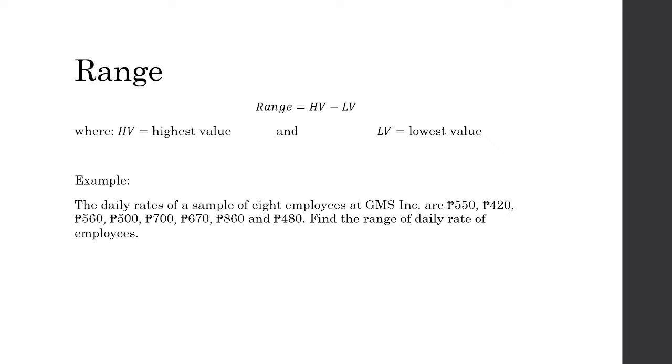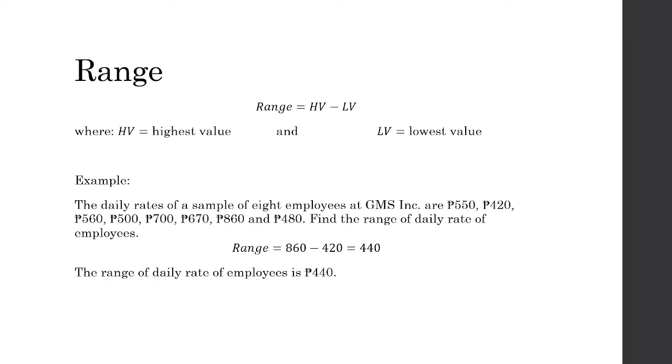Find the range of the daily rate of the employees. Mangyayari dito, we just need to get the highest value, which is 860, minus the lowest value, which is 420. So we will have a range of 440. So the range of the daily rates of employees is 440. And that's it, you have there your range.